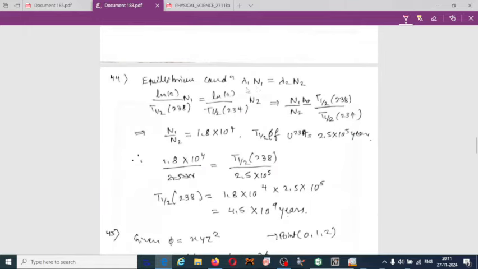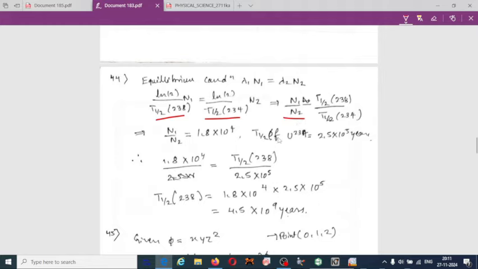Lambda is the decay constant, N1 is the number of atoms. So lambda 1 N1 equals lambda 2 N2, we have to equate these equations. Lambda is given by ln 2 by half-life.